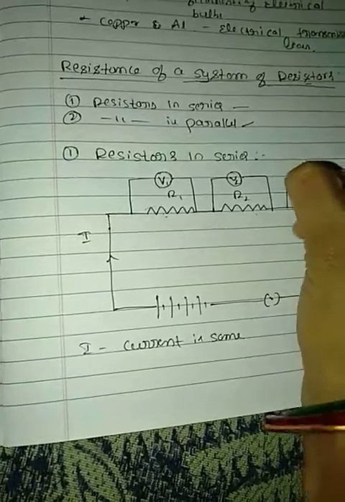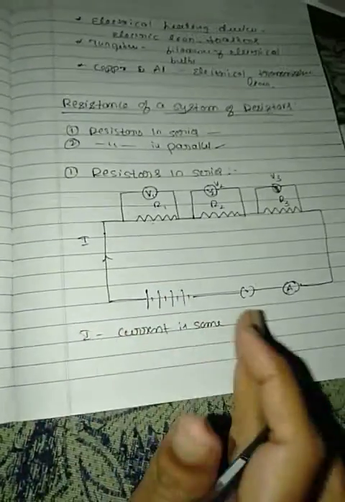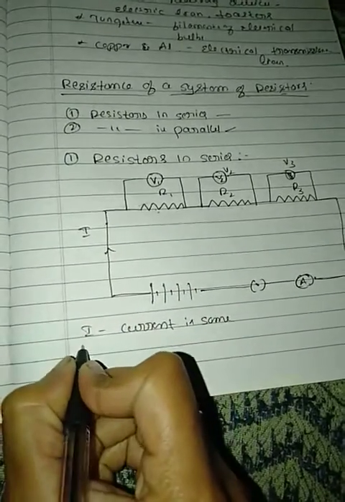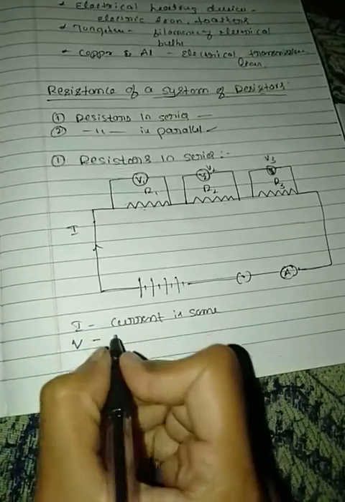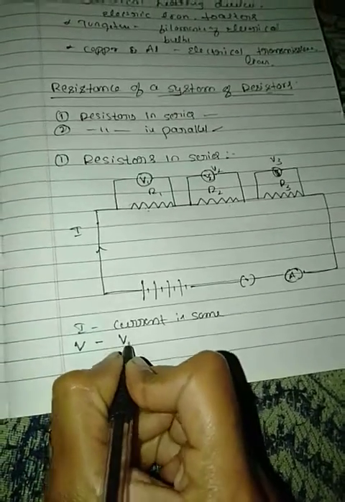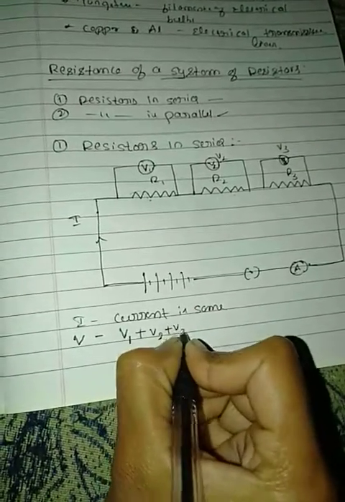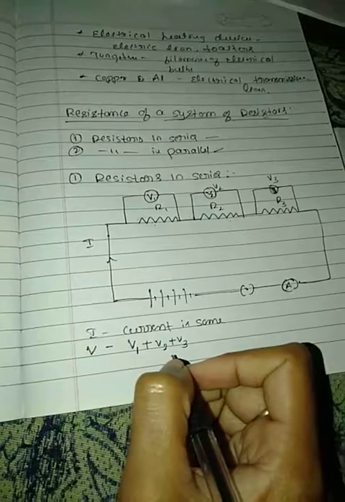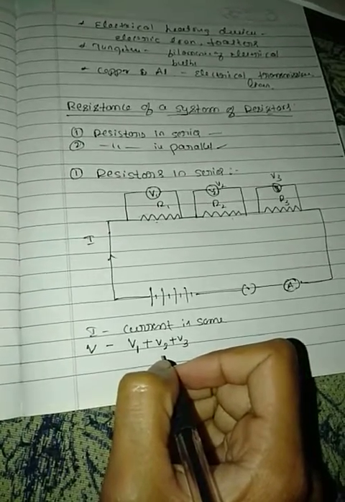So now we will observe that the total potential difference V is equal to the sum of the potential differences V1 plus V2 plus V3 across the individual resistors.